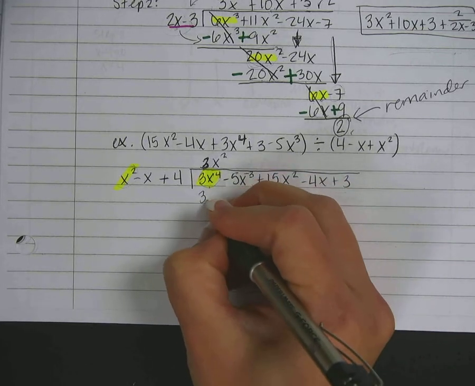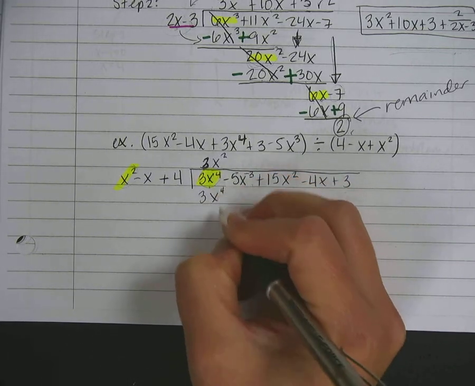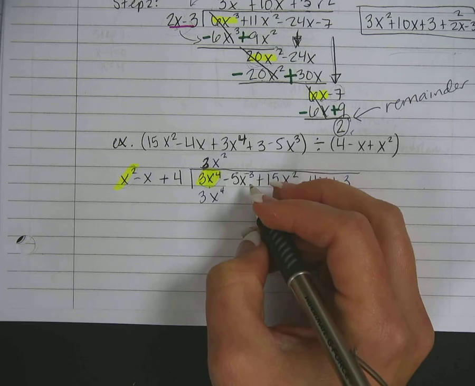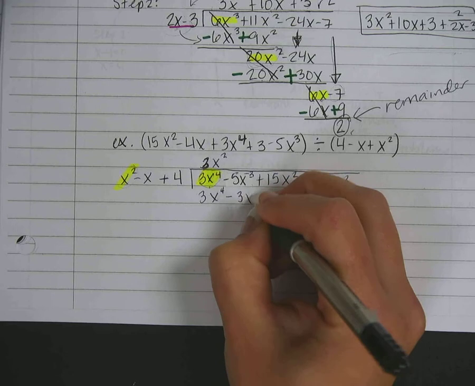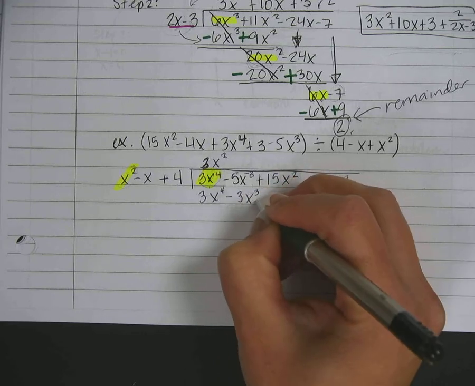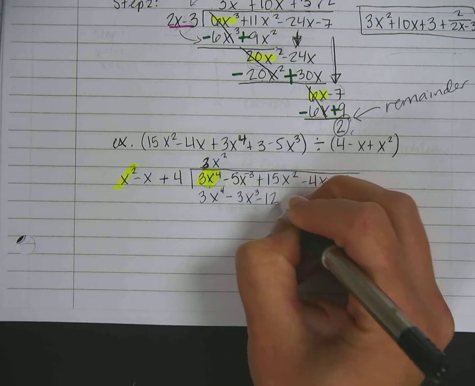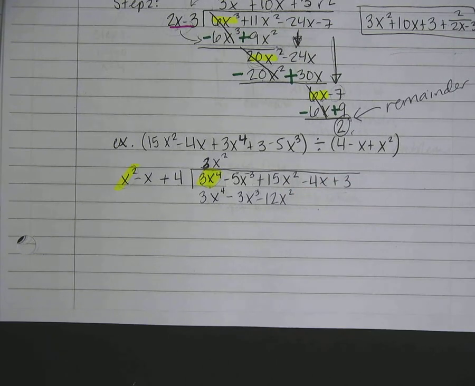So I'll have 3x to the 4th minus 3x cubed minus 12x squared. Now remember, I need to switch my signs.